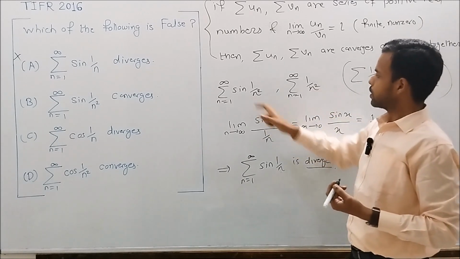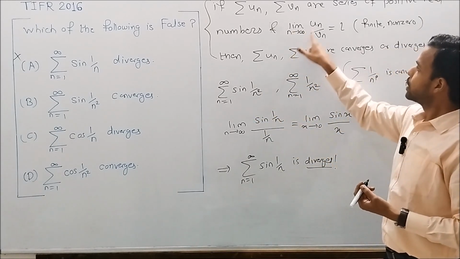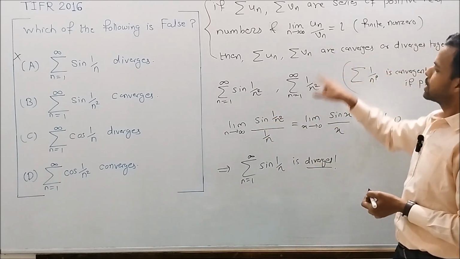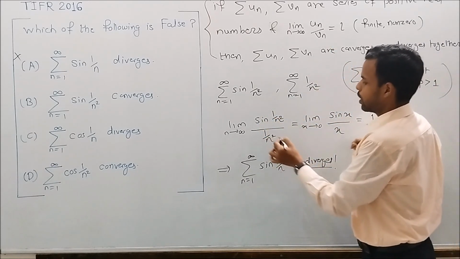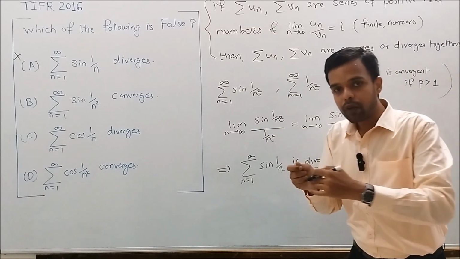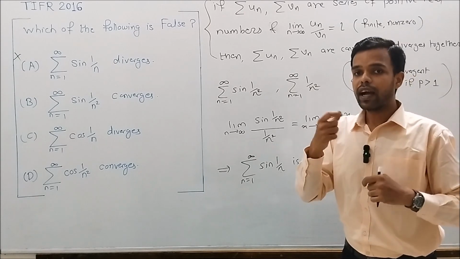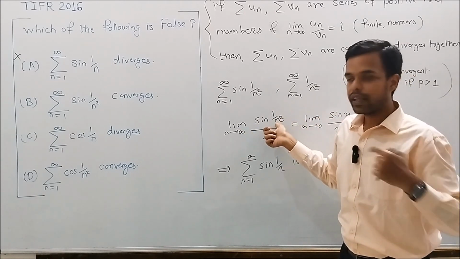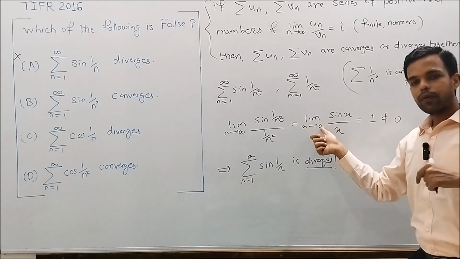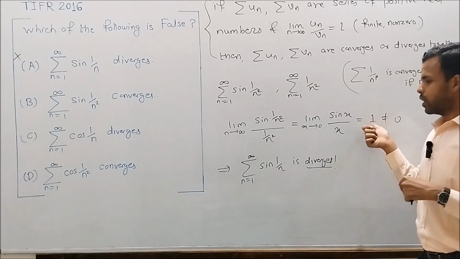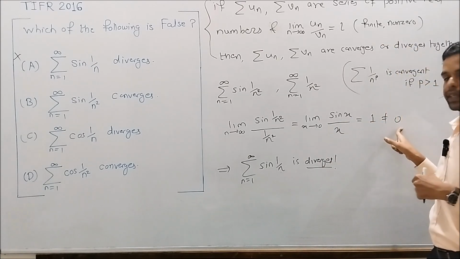Now let's compute the limit as n tends to infinity of sine of 1 upon n square over 1 upon n square. As n tends to infinity, 1 upon n square goes to 0. So if I substitute x equals 1 upon n square, then x goes to 0, and this limit is 1, which is non-zero and finite.